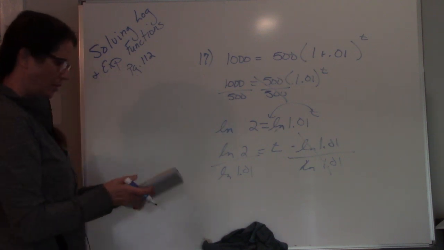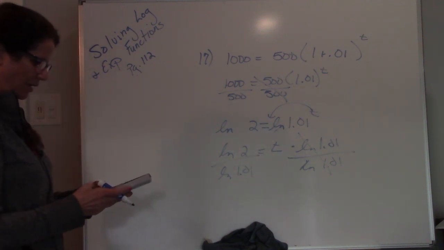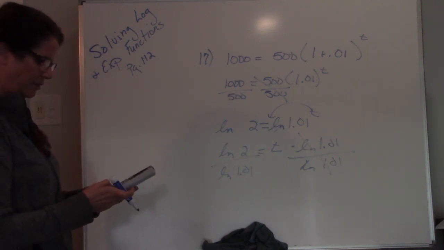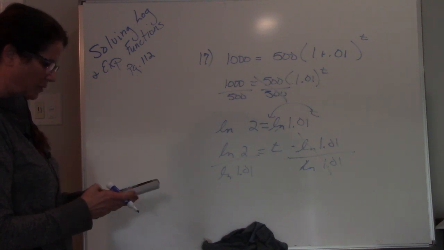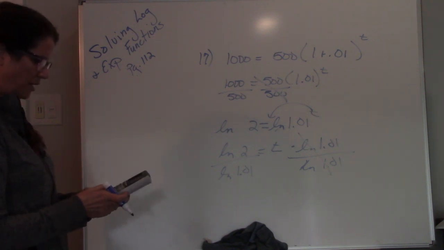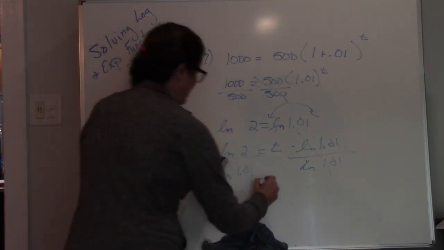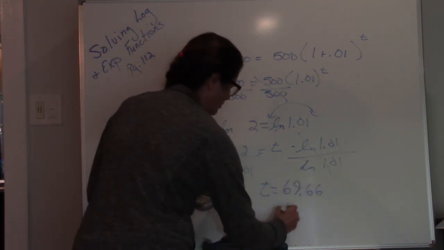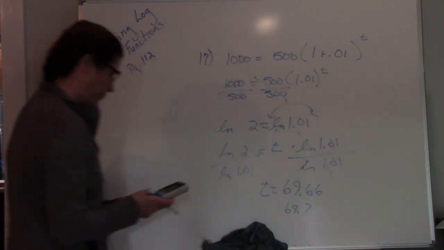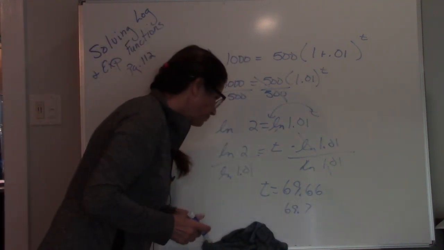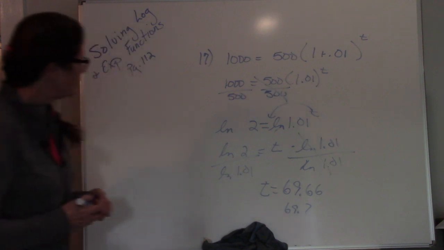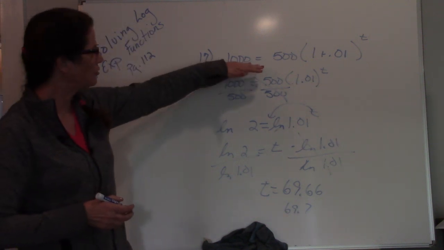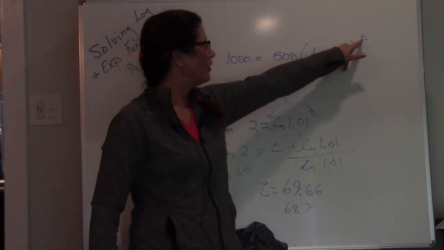Okay, then you come to your calculator, do ln of 2, close it, divided by ln of 1.01, and close it, and you get t equals 69.66, or 69.7.